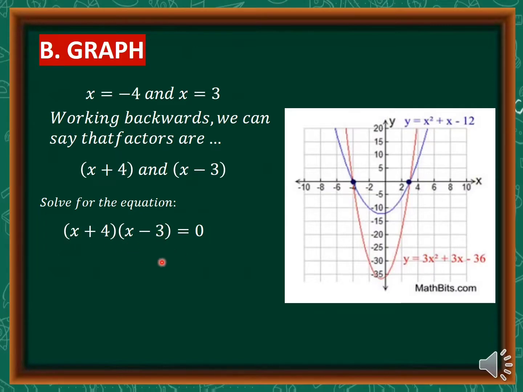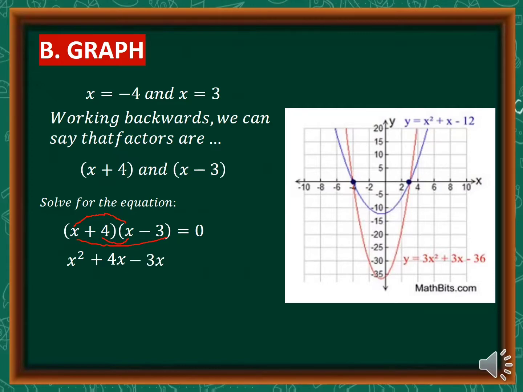Now, to form an equation, we just need to apply the FOIL method. Imumultiply lang natin yan. Let's just get the product of the two binomials. X times x, we have x squared. X times negative 3, we have negative 3x. And positive 4 times positive x, we have positive 4x.